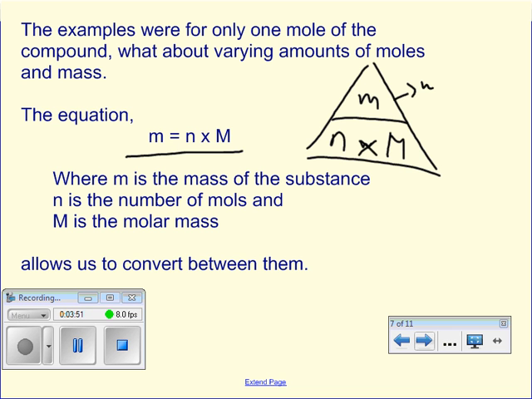So this is my mass, this is my molar mass, and this is n, of course, number of moles. So this allows us to convert between mass and moles. And even incorporating our other triangle with Avogadro's number, we can incorporate the number of particles.